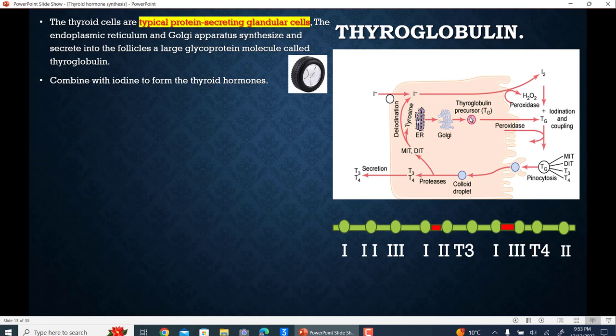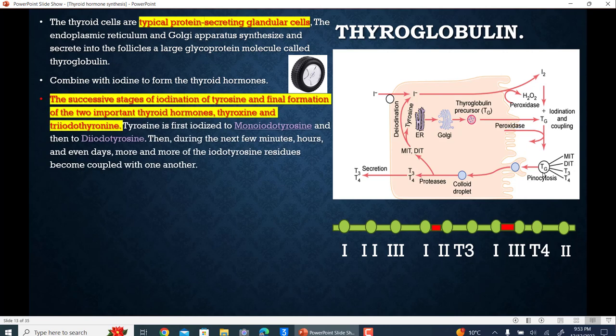This thyroglobulin combined with the iodine is iodinated thyroglobulin. The successive stages of iodination of tyrosine and final formation of the two important thyroid hormones, thyroxine and triiodothyronine.